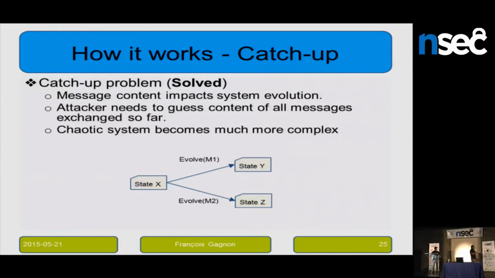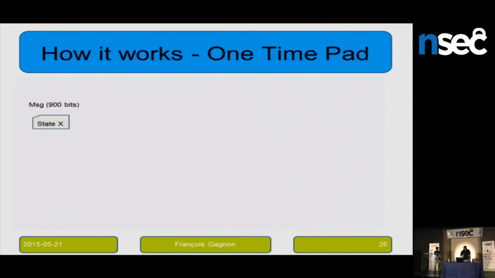The evolution takes the exchanged message as a parameter: from a specific state, if you evolve with a given message you end up in a state Y, and if you evolve with another message you end up in a completely different state. What's also interesting is that it might break the equivalency of the states. You might have two equivalent systems, but since they are poked with something external, they are not equivalent anymore. We're going to see if we can get a better combinatorial explosion with this.